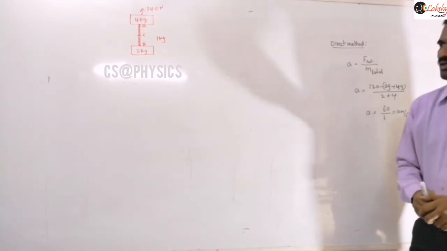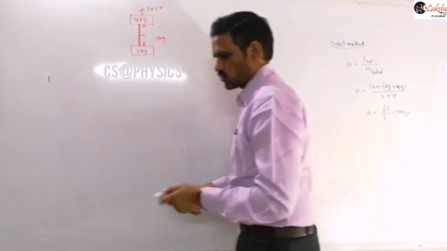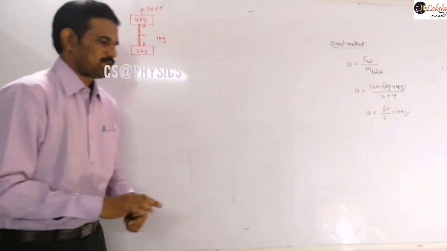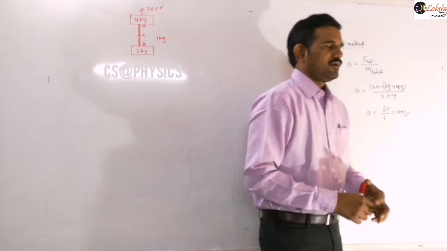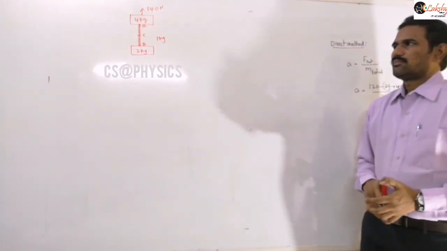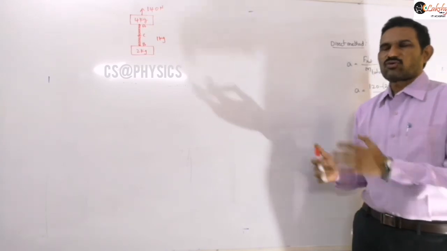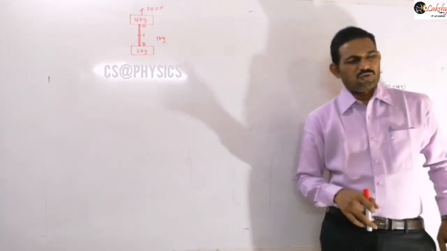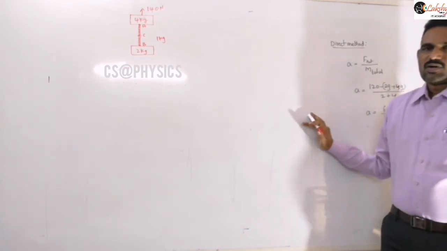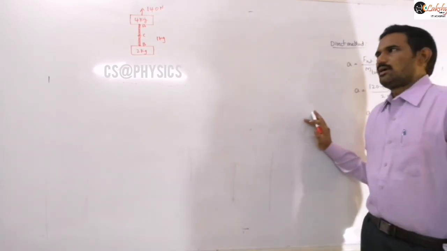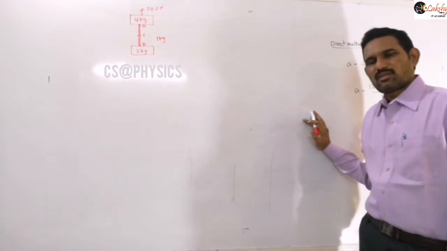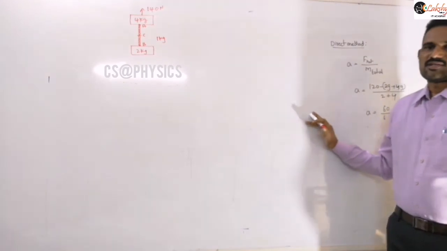So write that as shown in the figure. The blocks of 4 kg and 2 kg are connected by a string of mass 1 kg.